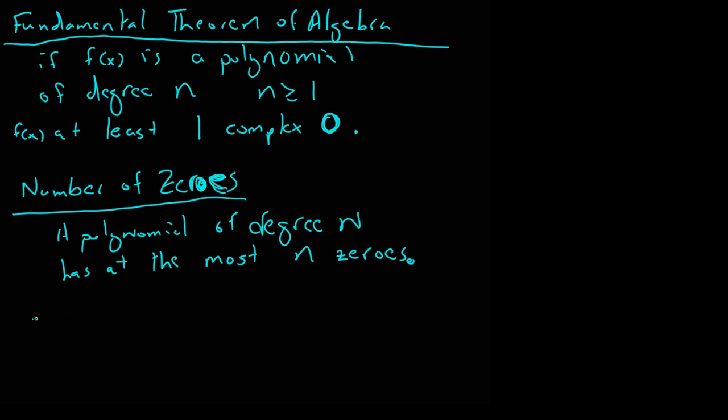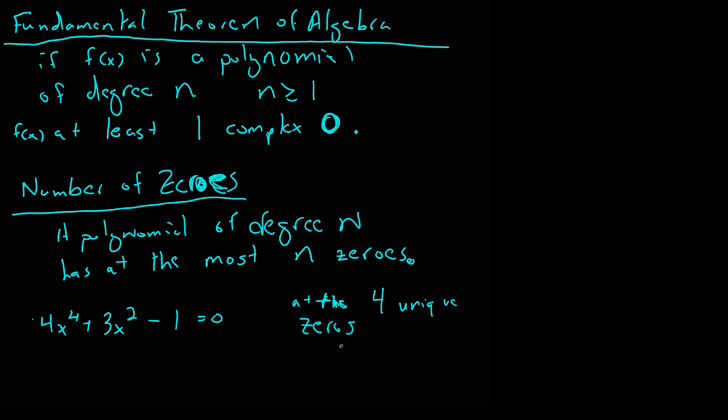So a fourth degree polynomial, so 4x to the fourth plus 3x squared minus 1 equals 0, has at most 4 unique zeros.